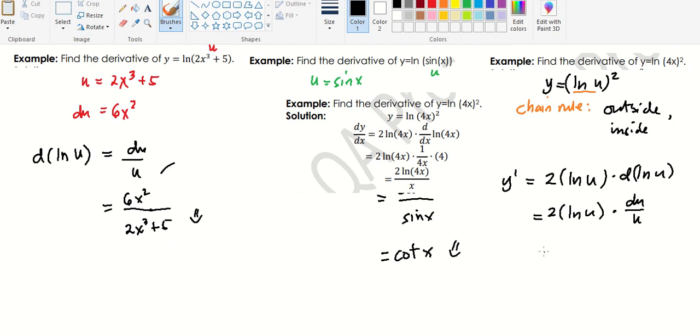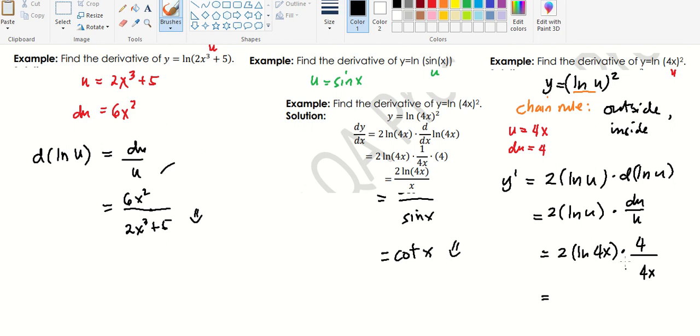Okay? Now, wala pa tayong dyan, kung ano yung u natin, no? Hindi natin na-identify kanina. So, here, identify natin na ang ating u is 4x. Tama? So, if our u is 4x, then our du is equal to 4. That's why we will have 2, what's our u again? That's 4x, times, ang du natin is 4, over our u is 4x.